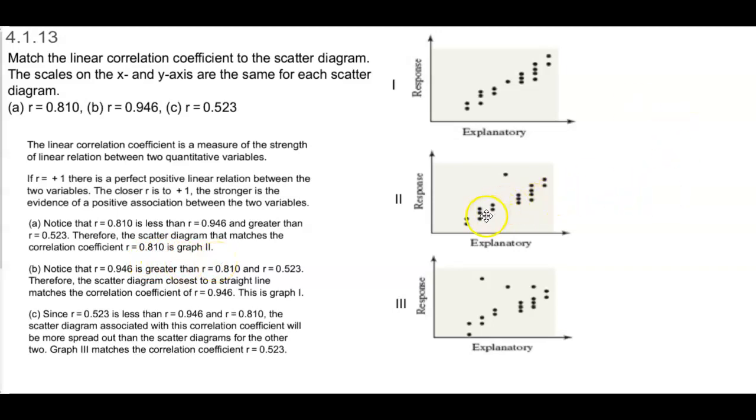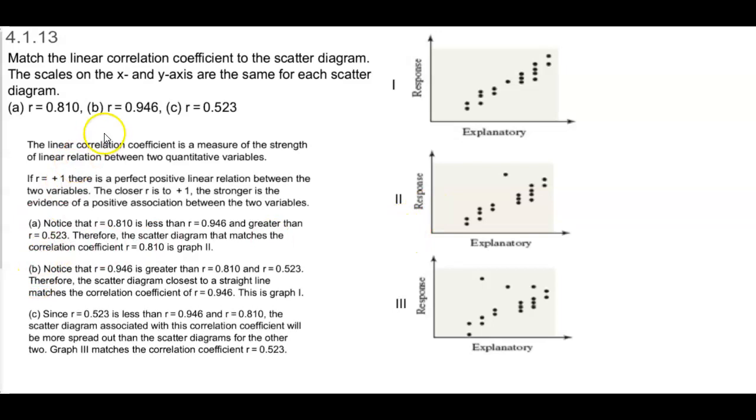And the reason why is because we can form a line, but we have this one data point that's sort of an outlier from all those data points. So that's why A is going to match with graph number 2.